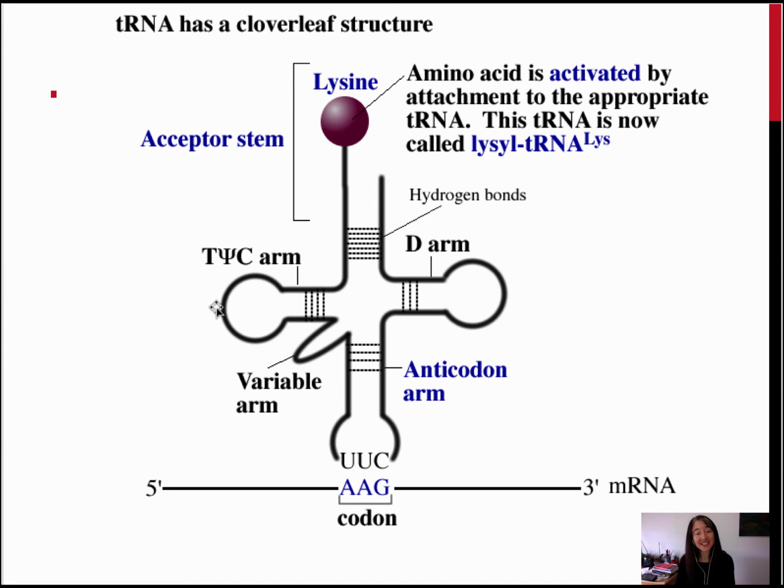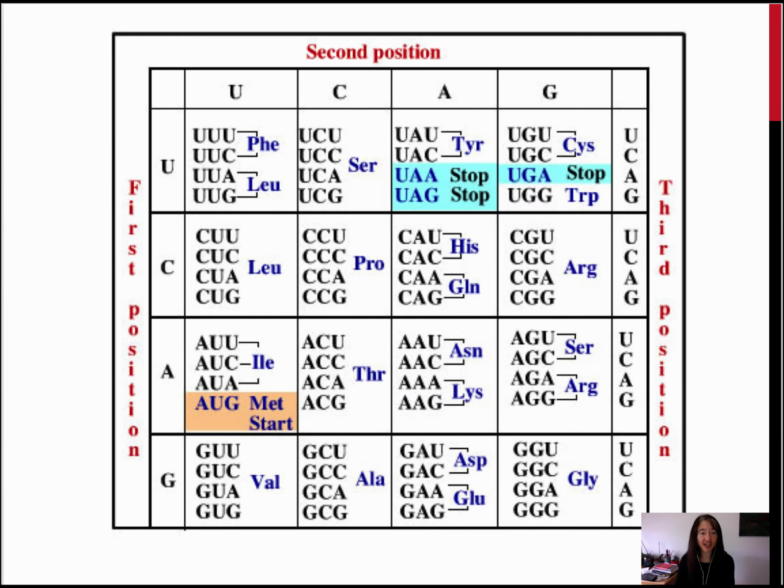It has a T-C arm, a variable arm, a D arm, but most importantly, the anticodon arm. The sequence of nucleotides on that anticodon arm is what recognizes the codon and therefore enables it to pair with its appropriate amino acid. So if we go back to our codon usage table, let's check it out, and remember that the codon that was getting recognized was AG.